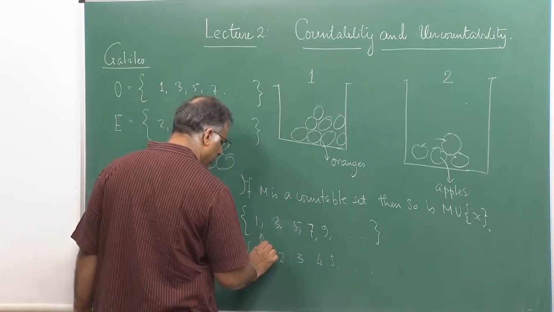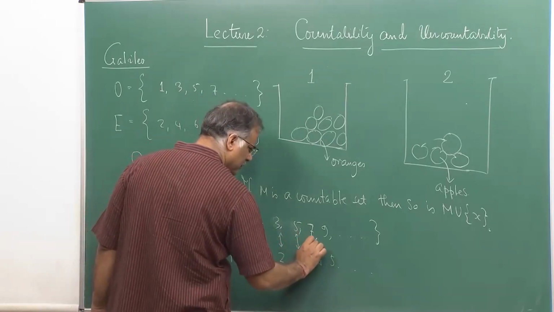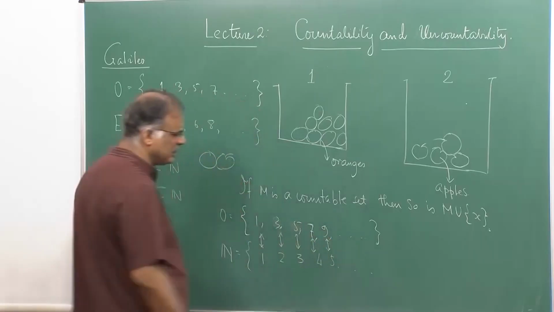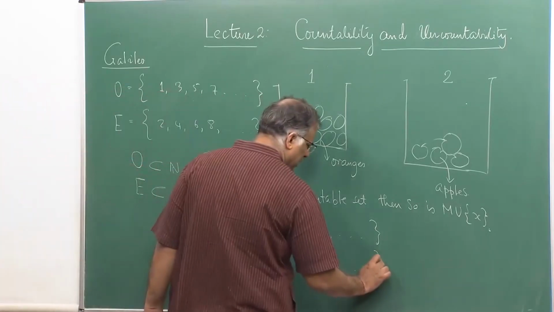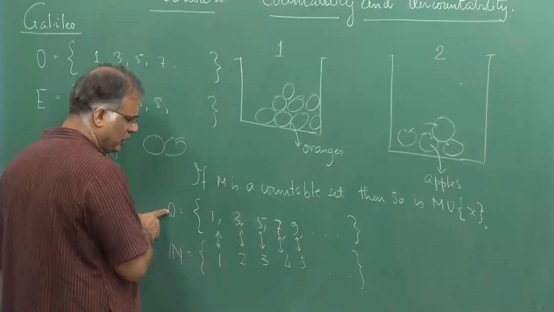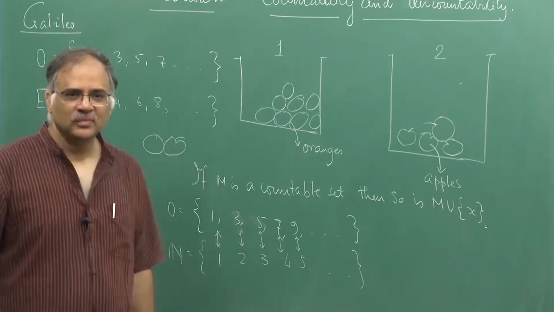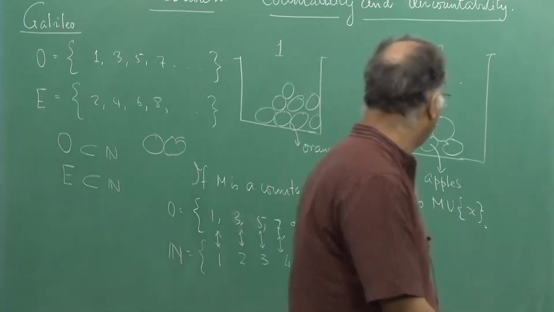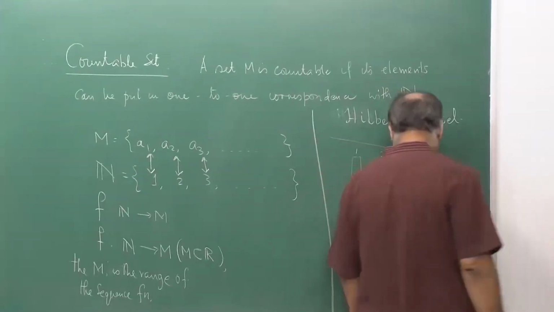So here I have been able to set up a correspondence. Once I have set up this correspondence, you are done. There are as many odd numbers as there are natural numbers. So this is a strange way of behaving of the infinite world.